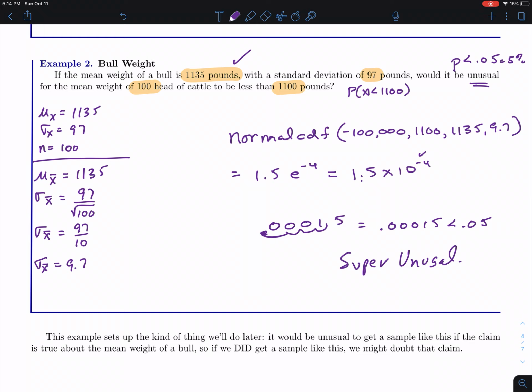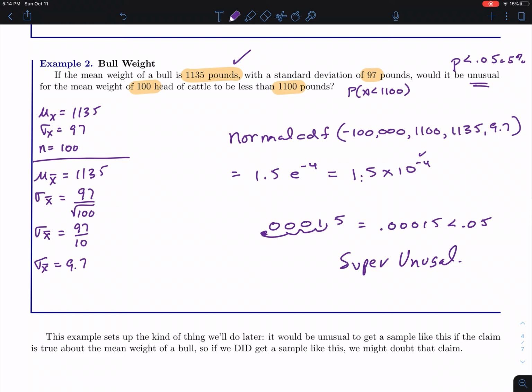I would say it was more likely that the original population mean was not good for us to get a result like this. That's what you guys are going to be doing, and this leads us into what the rest of the semester is about: being given data, and then trying to make predictions about whether it seems true, false, whatever. So it's kind of fun. This is where our stats really starts to get fun and exciting.